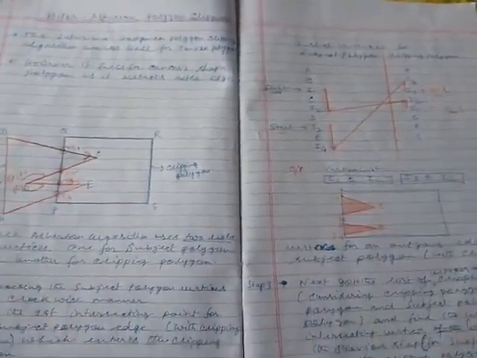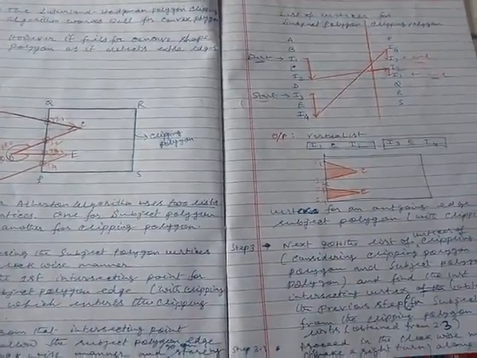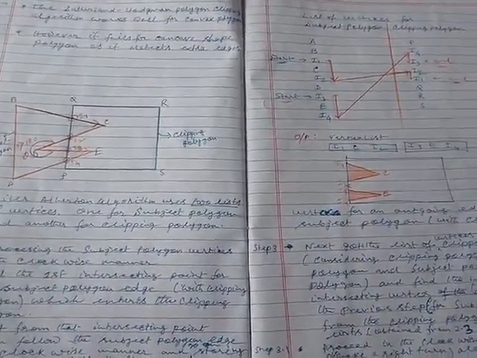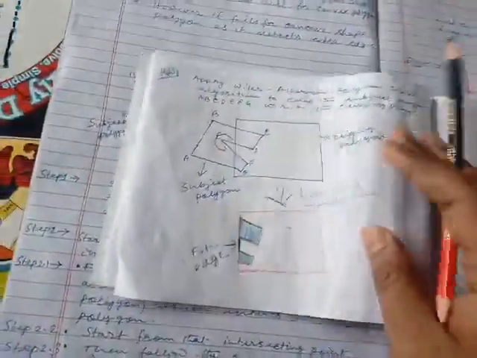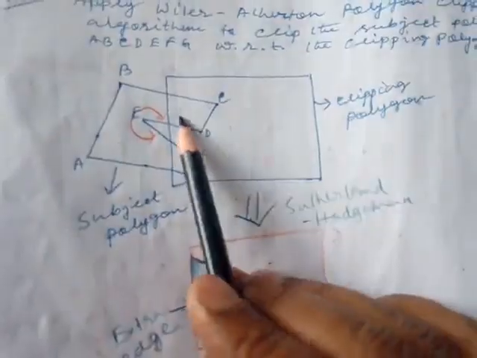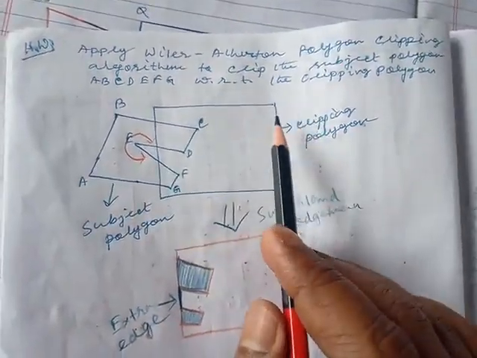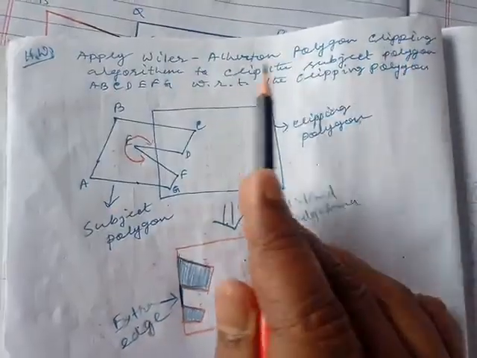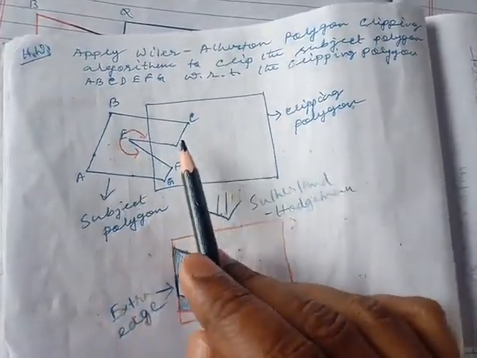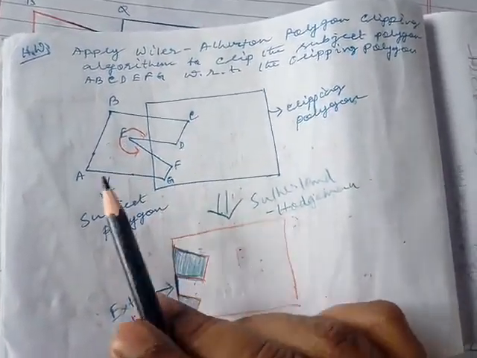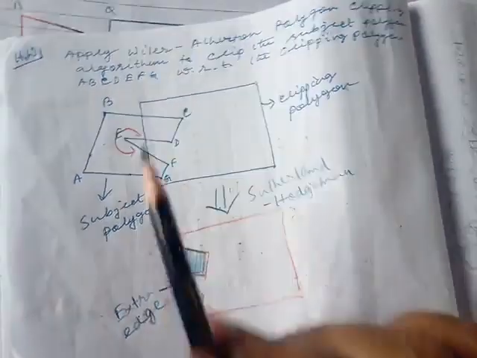So if the algorithm is clear, please try to solve some problems which I have already shown to you. Suppose for this problem, this is for homework. Apply the Weiler-Atherton polygon clipping algorithm to clip the subject polygon A, B, C, D, E, F, G, and A with respect to this clipping polygon.